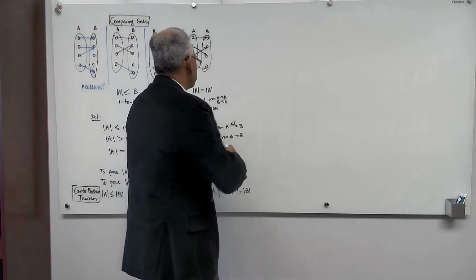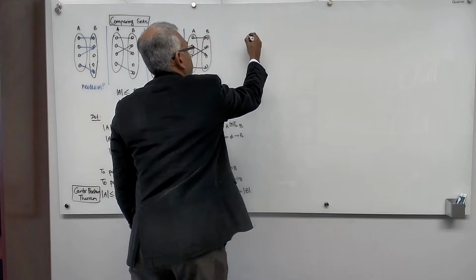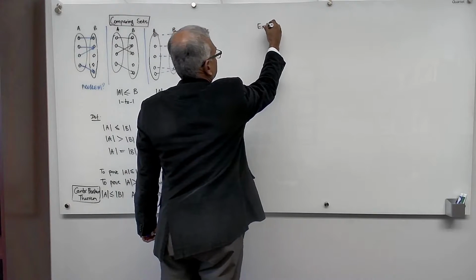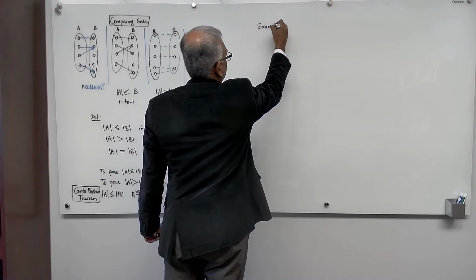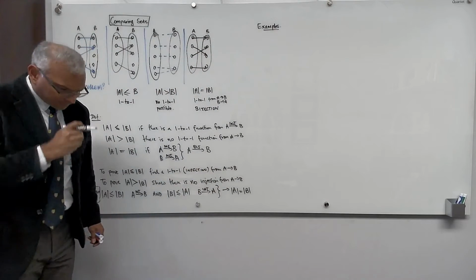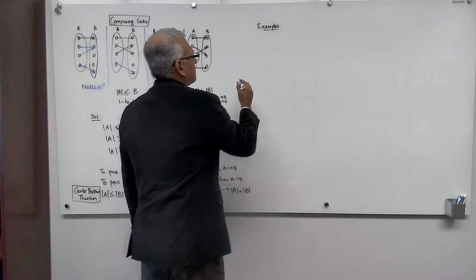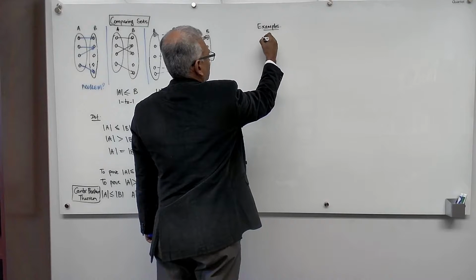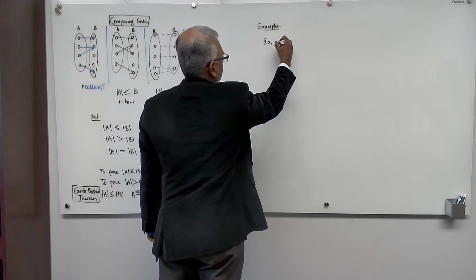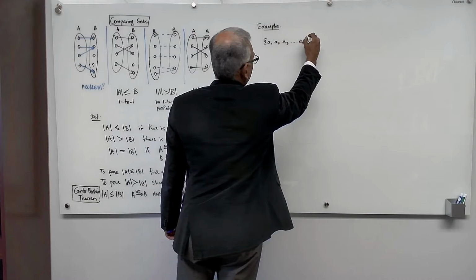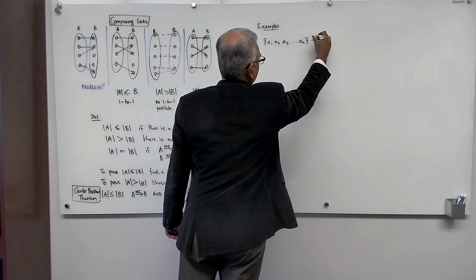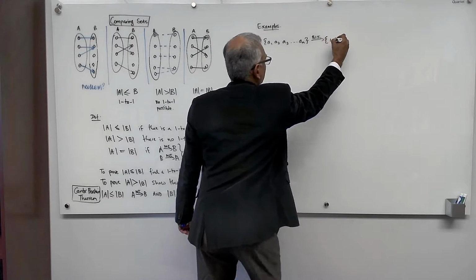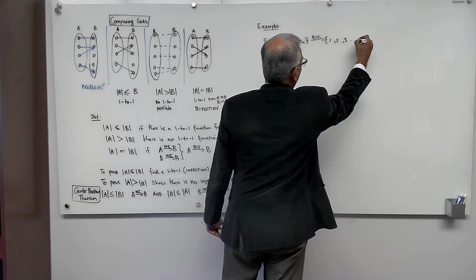Okay, so examples. We'll start with a simple example. There is a bijection from the finite set A1, A2, A3 up to AN. You can bijectively map it to the set 1, 2, 3 up to n.